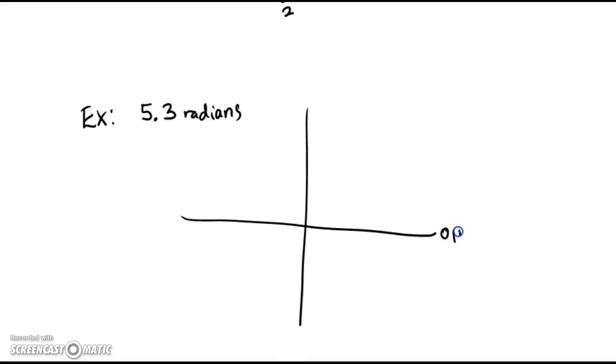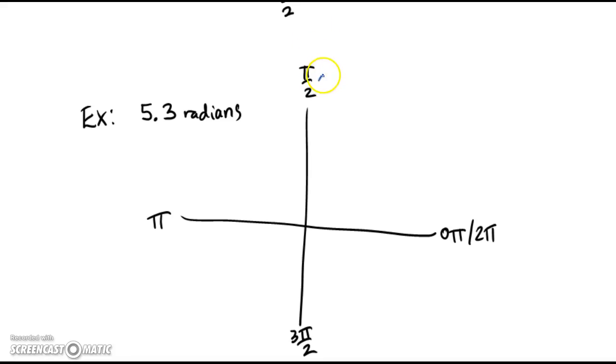Again, let's think about where our key angles are: 0 pi, pi over 2, pi, 3 pi over 2, and 2 pi. But these angles that we've labeled are all in terms of pi. We could convert these all to decimals. So if you did pi divided by 2 on your calculator, you get 1.57.